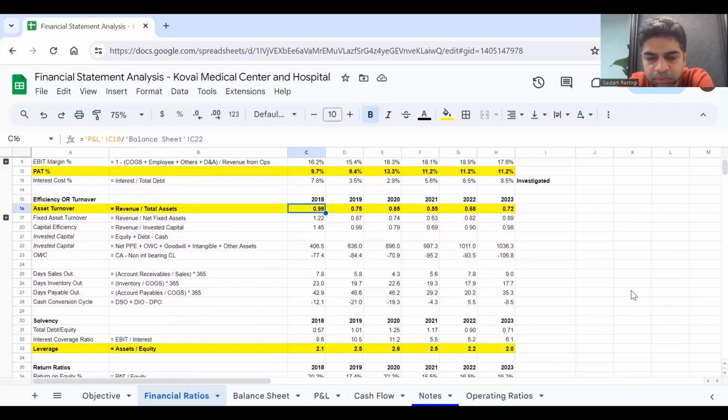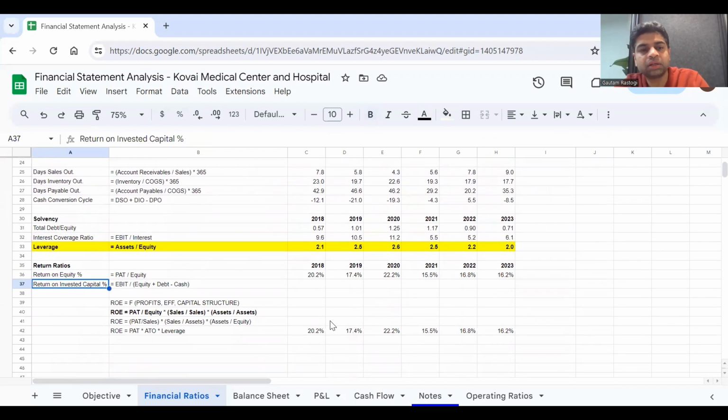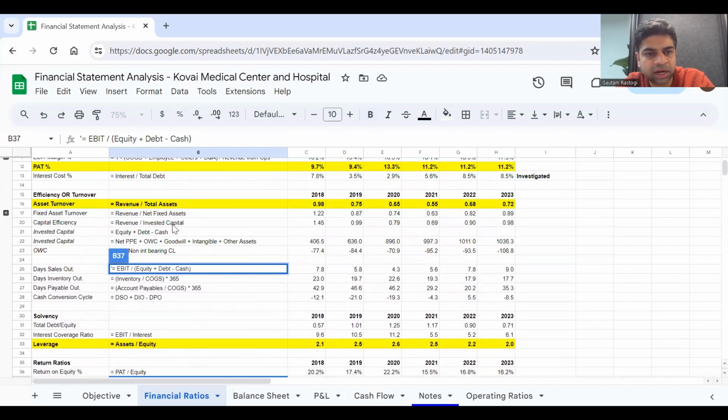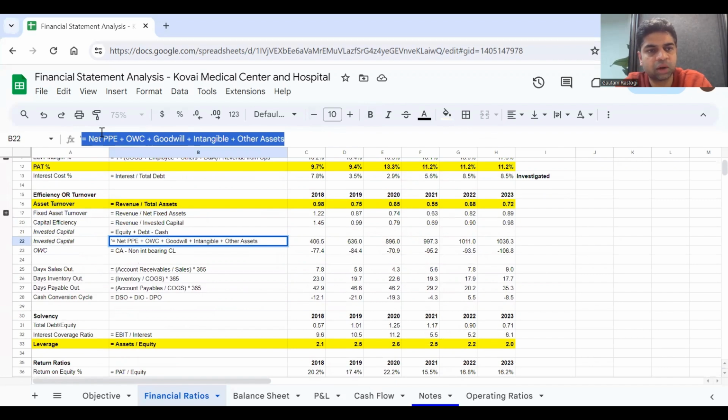All right. So with this, now let's also look at return on invested capital. Let me use this invested capital because we did the hard work.